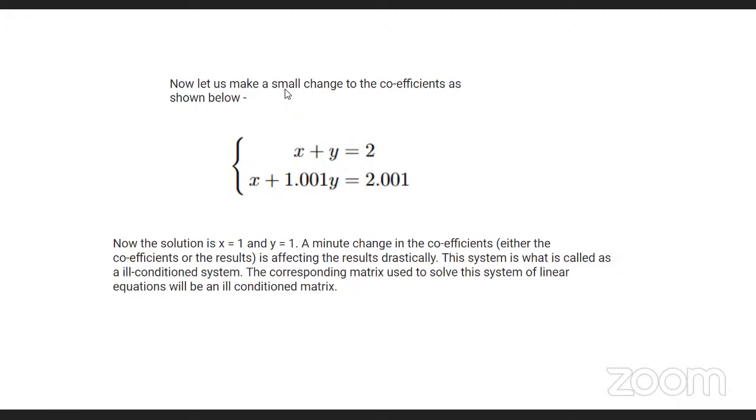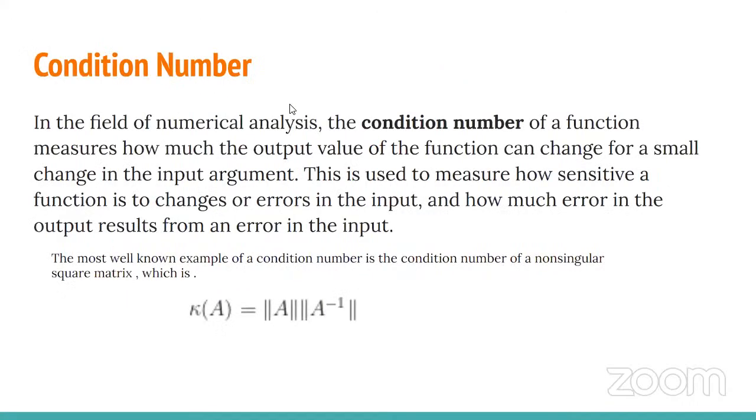Next slide. So now there's something called a condition number. In the field of numerical analysis, the condition number of a function measures how much the output value of the function can change for a small change in the input argument. That is, if you have a function and you make a very small change, how much does it impact the output?